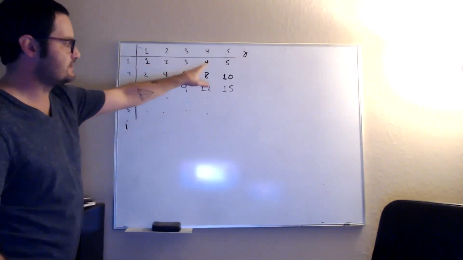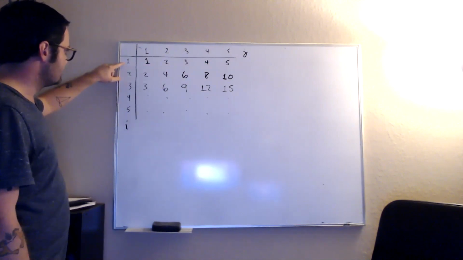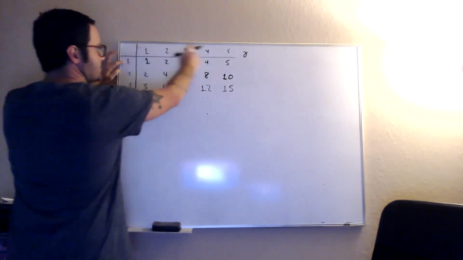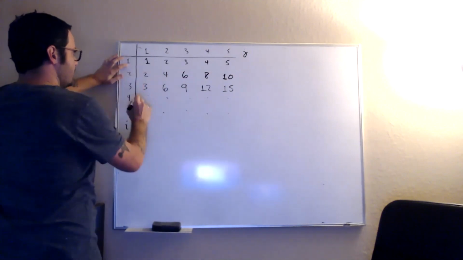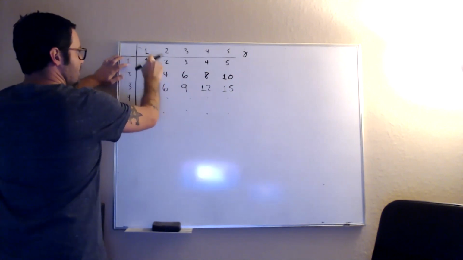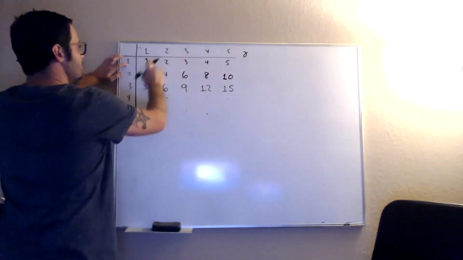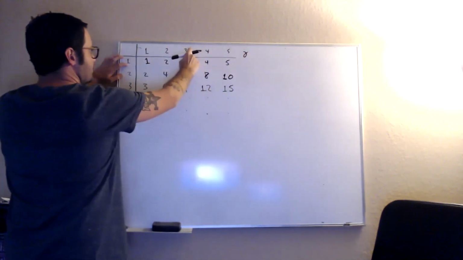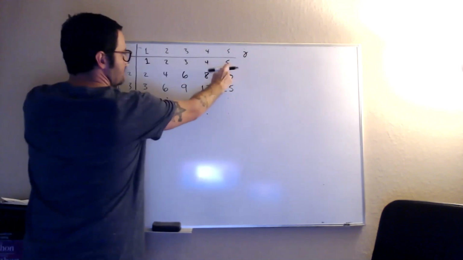In order to make these entries, we can pick either I or J, it doesn't matter, and we can increment I, and each time that we increment I, we then increment across all of J. So we set I equal to 1. Then this entry is 1 times 1, so I times J. That gives you that 1 right there. Then we increment J to 2, and it's I times J again. Then we increment J to 3, and we get I times J for that entry. And we increment J up to 5.